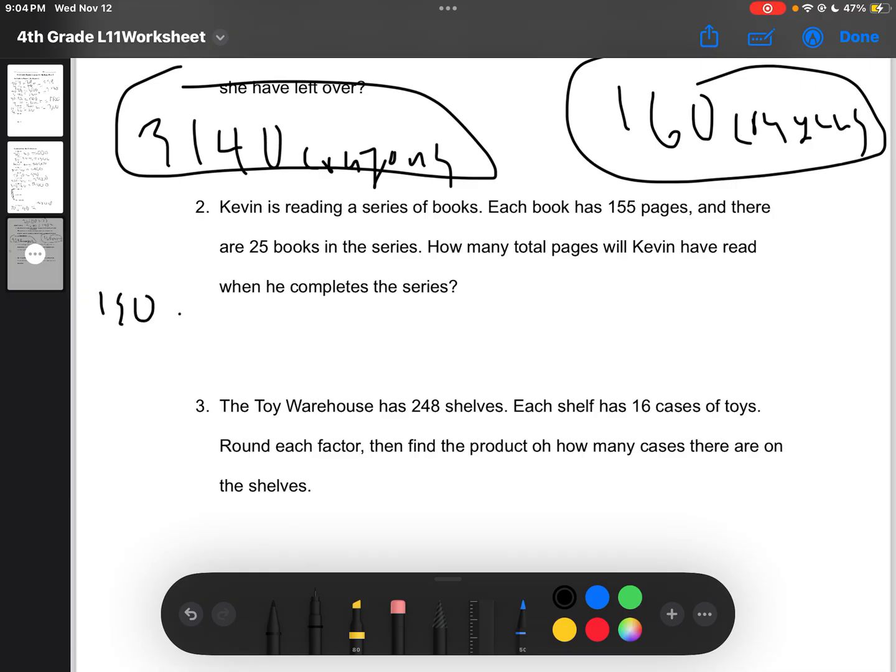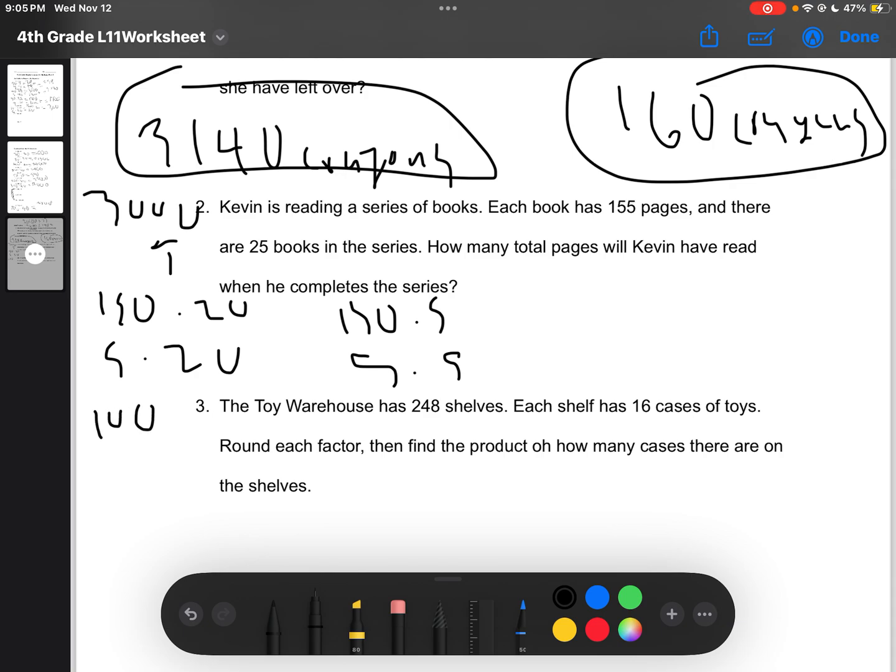So we could do 150 times 20, 5 times 20, 150 times 5, and 5 times 5. 150 times 20 will equal 15 times 2 is 30, and we just add 2 zeros, so 3,000. 5 times 20 will equal 100. 150 times 5 will equal 15 times 5.